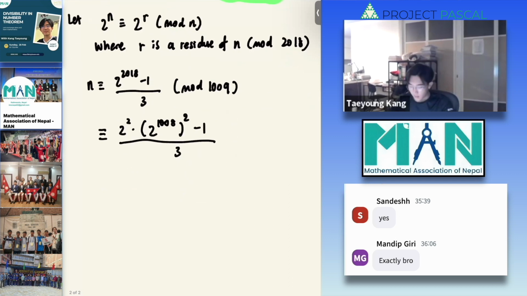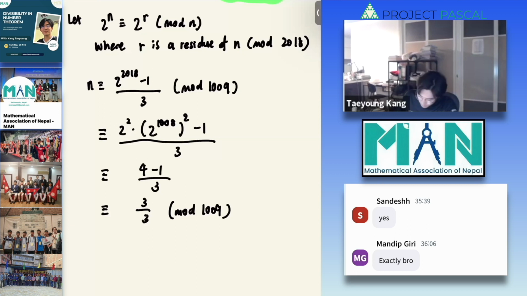And if you recall, 2 to the power of p minus 1 is congruent to 1 mod p, right? So 2 to the power of 1008 is congruent to 1 mod 1009. So this is congruent to 4 minus 1 divided by 3, which is congruent to 3 over 3 mod 1009, which is congruent to 1 mod 1009.